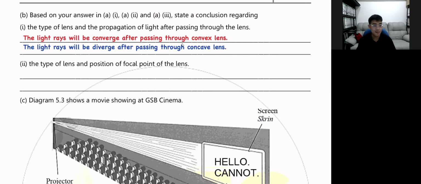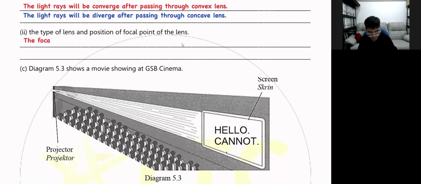Then number 2, the type of lens and the position of the focal point. If you're using a convex lens, the focal point will be at the back of the lens, based on the observation just now from the diagram.